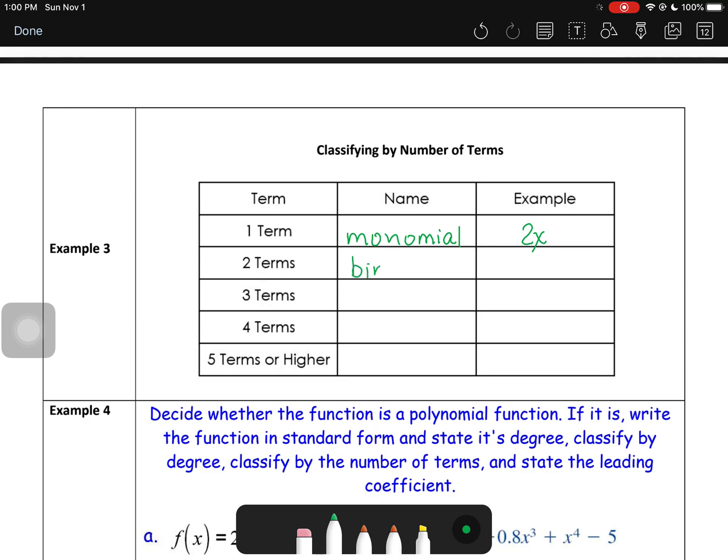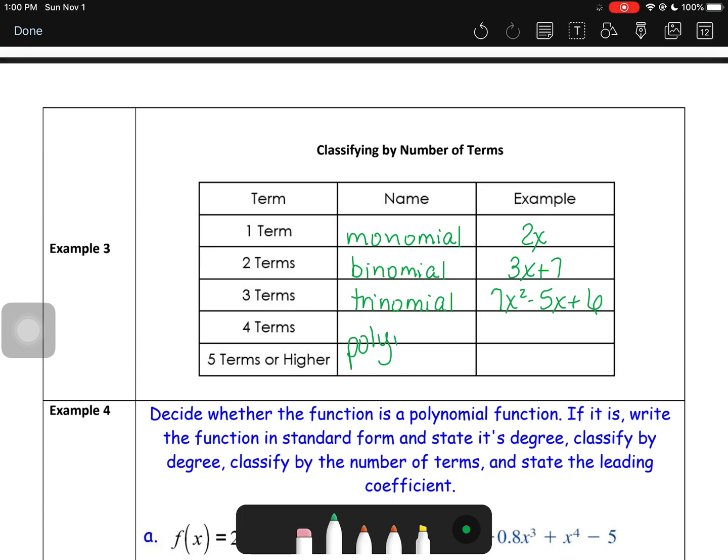2 terms is a binomial, like 3x plus 7. 3 terms is a trinomial, like 7x squared minus 5x plus 6. And then we'll just go 4 terms or higher.